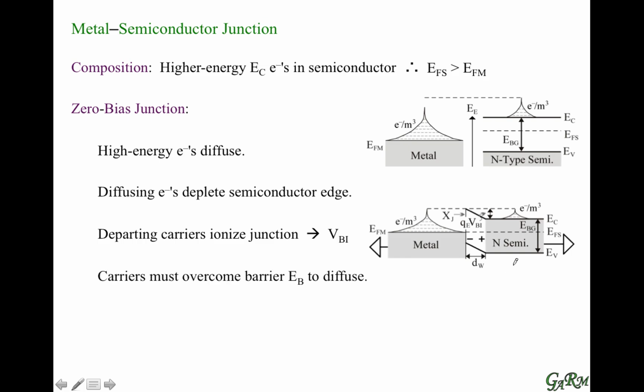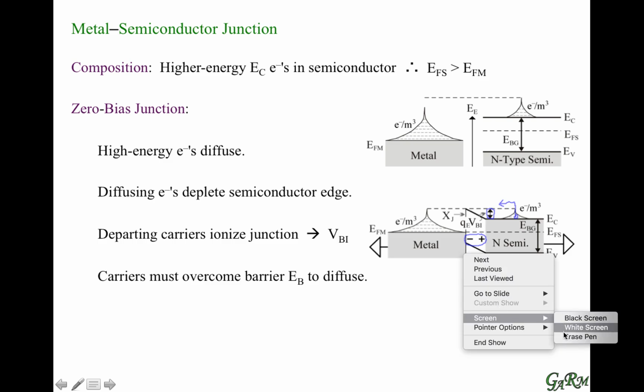Another way of saying that is that leftover electrons will now have to overcome this electric field in order to cross. And overcoming that electric field is like saying they need to overcome an energy barrier. So they need to overcome an energy barrier to be able to cross. Okay, let's remove markers and then go to the next point.